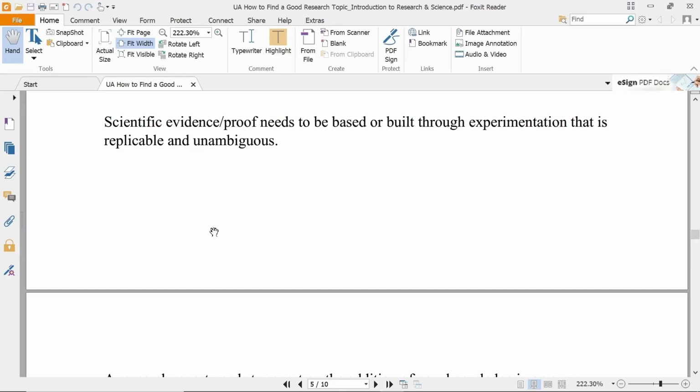So if you do an experiment in Zambia or in Africa, it has to apply. You can do it in America, Asia, or whatever part of the world you are. Unambiguous, it has to be clear. Maybe not necessarily easy to understand, but clear, maybe by experts. No gray areas.